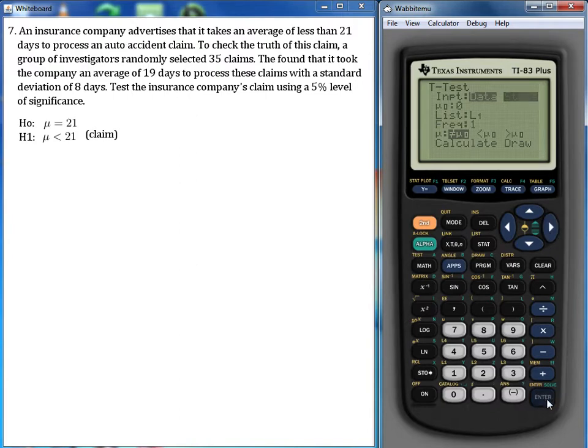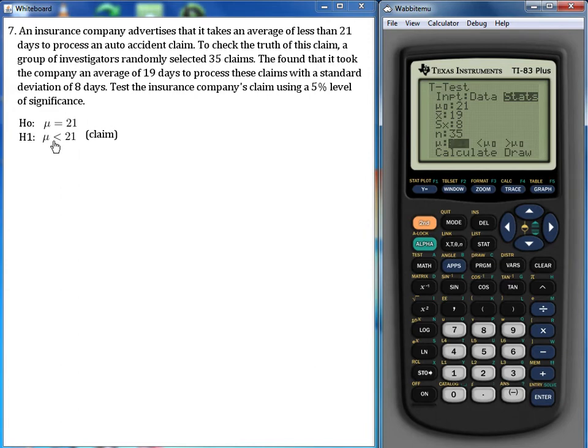I'm provided with statistics to work with, so I'm just going to input those. Mu naught is the mean from the hypothesis, so 21. X bar is the mean from the sample, so there was an average of 19 days. Standard deviation was 8 days, and the sample size was 35.